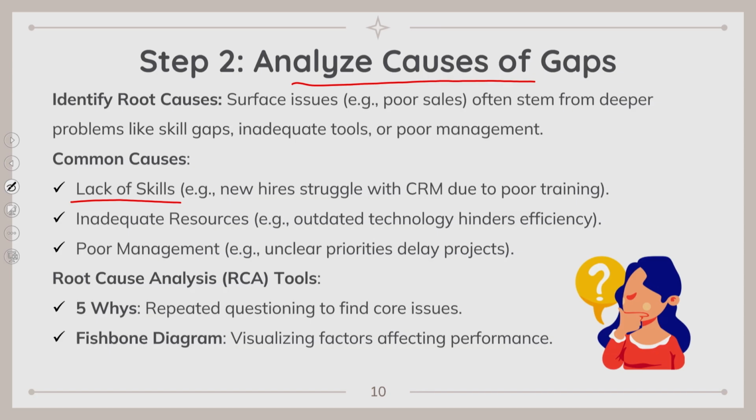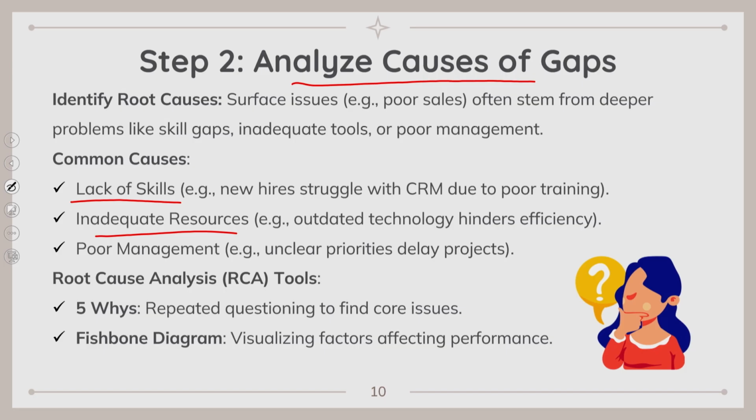Or there might be inadequate tools or resources, and external factors like outdated technology or insufficient materials can impede performance. Or, for example, call center agents cannot resolve customer issues efficiently because their computers frequently crash. So, this is an inadequate tool or resource constraint. That would be a cause.